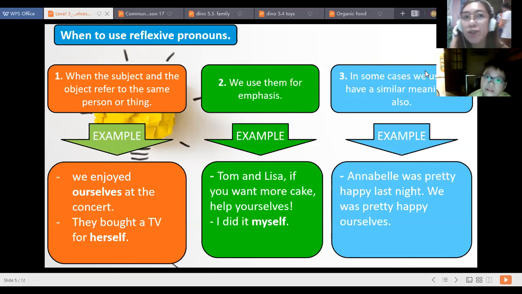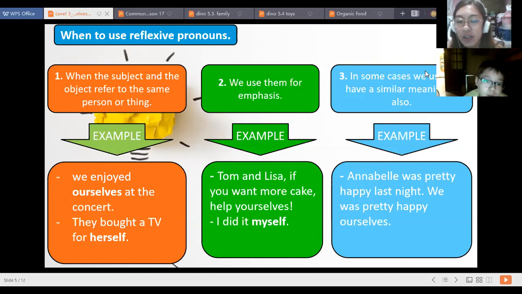Number two: we use them for emphasis. Number three: in some cases, we use it to have a special meaning to us. Very good. So can you give me the example of number one?